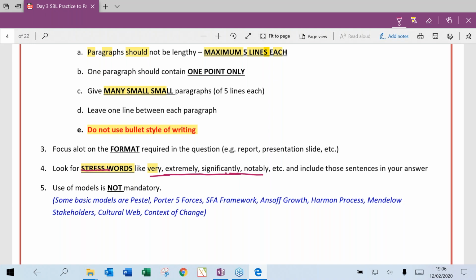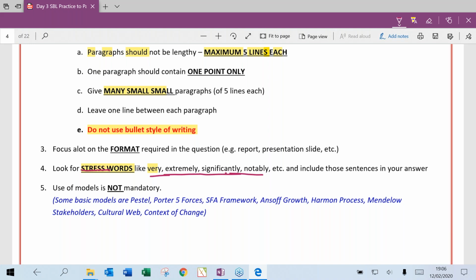If the examiner has given some information, if he's saying the company is facing extreme competition, that means he is putting a stress on the word competition. That means it is an important piece of information. It means that it is something which you have to cover in your answer.